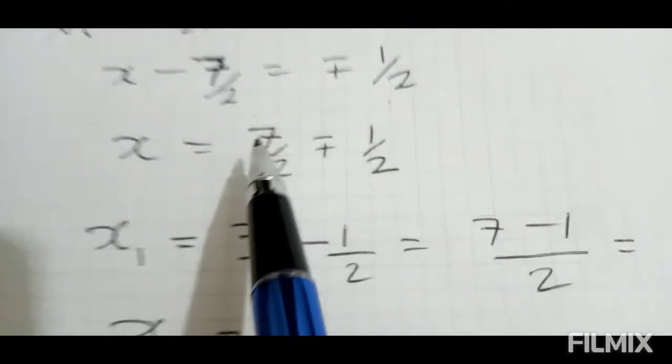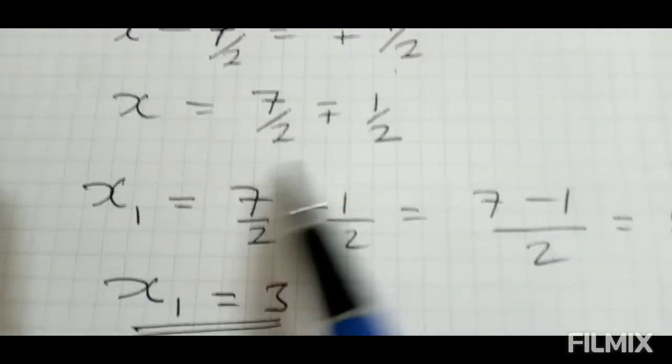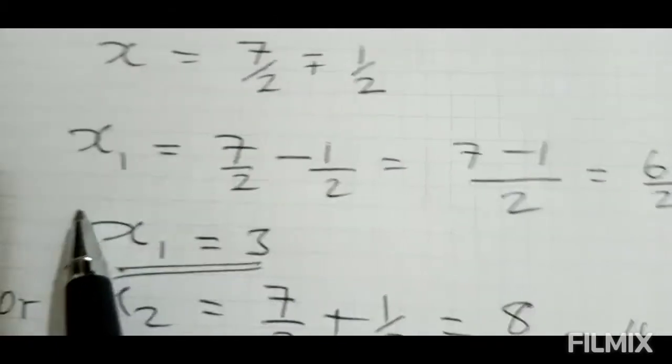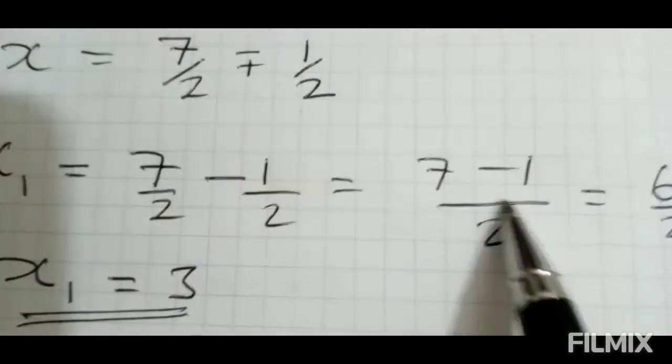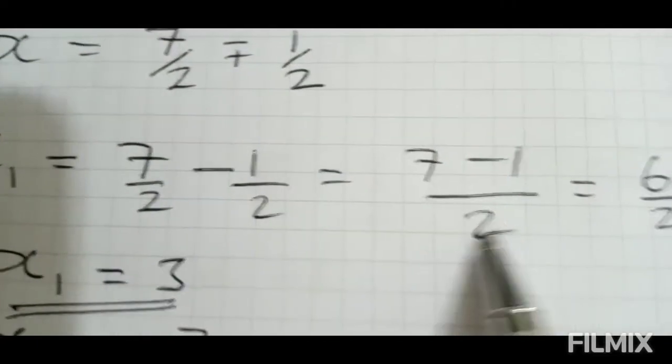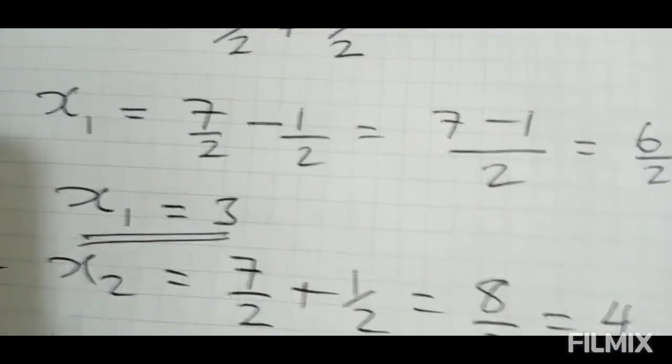Because this is a quadratic equation, it has two roots, okay. So x1 is equal to 7 over 2 minus 1 over 2. And we simplify, okay. Since the common denominator is 2, 7 minus 1 is 6 over 2, which is 3. So x1 is equal to 3.